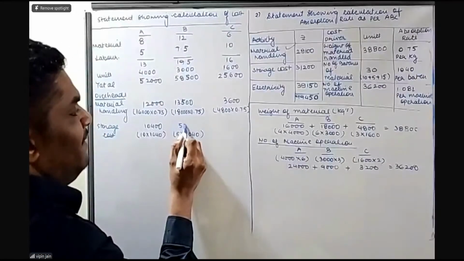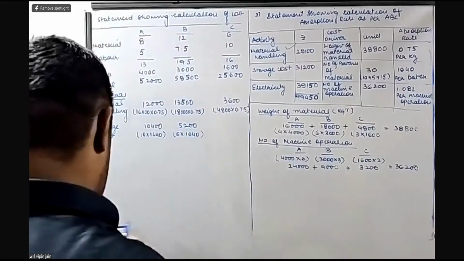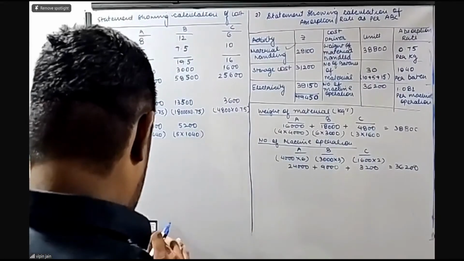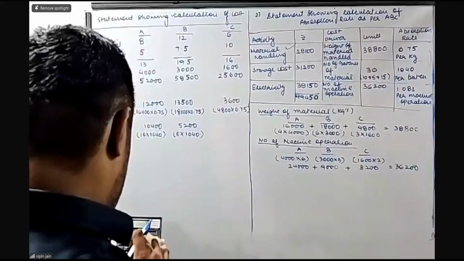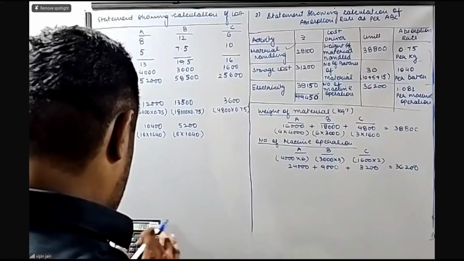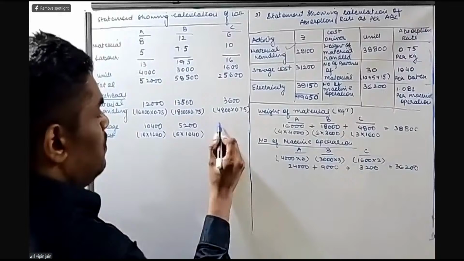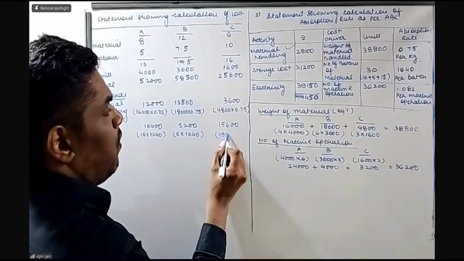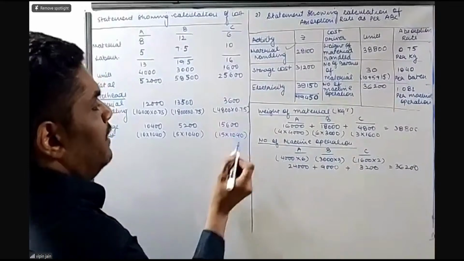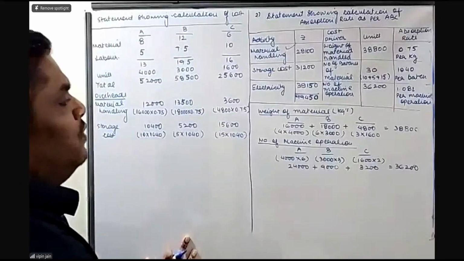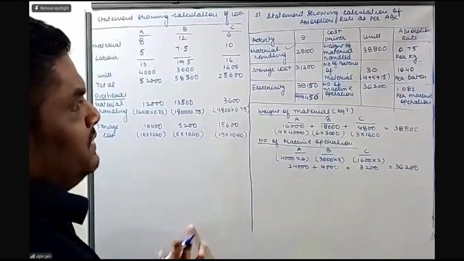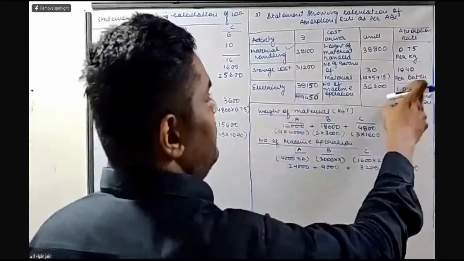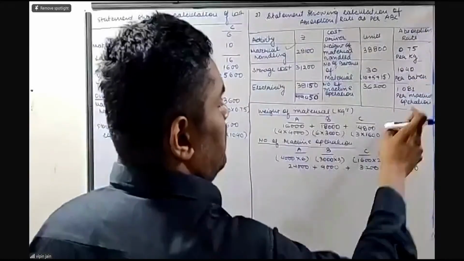So this will be 5,200. This will be 15 into 1040. That is 15,600. Because storage cost is dependent upon number of batches.